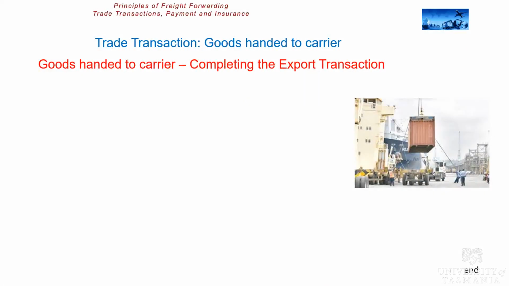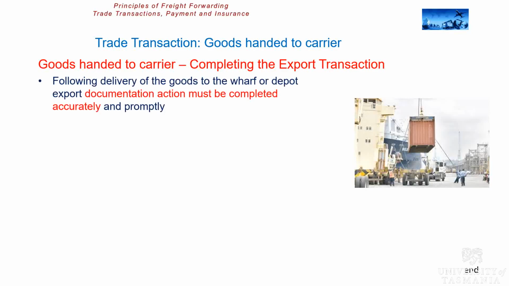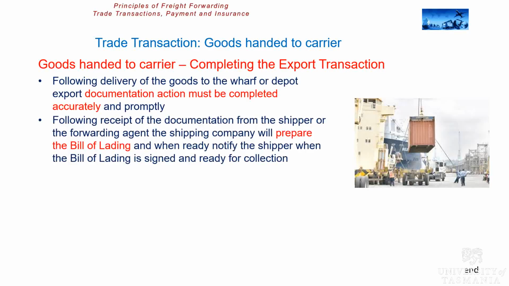So, to complete this export transaction, we need to have a level of interaction with the carrier of the goods themselves. So following the delivery of the goods, export documentation must be completed accurately and promptly on behalf of the carrier themselves.